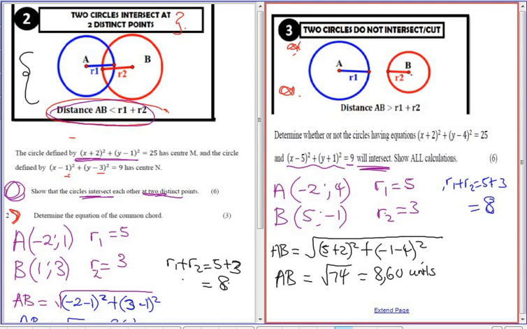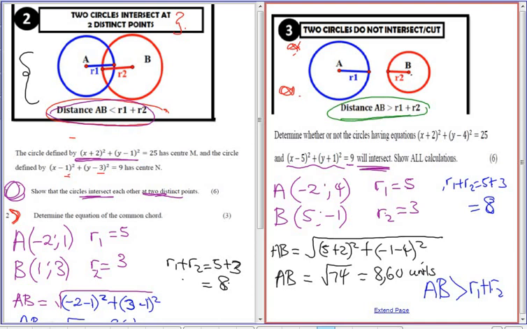Now, in this situation, one can see that AB happens to be greater than R1 plus R2. So what condition is this? As you can remember, it is this particular condition that we've got.